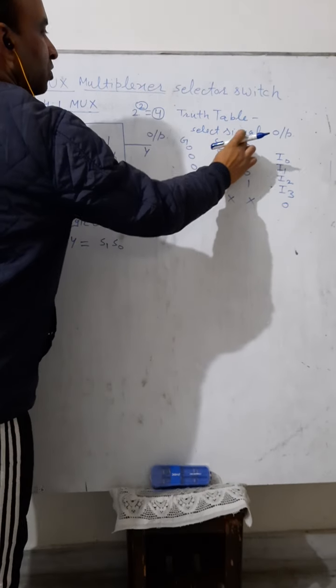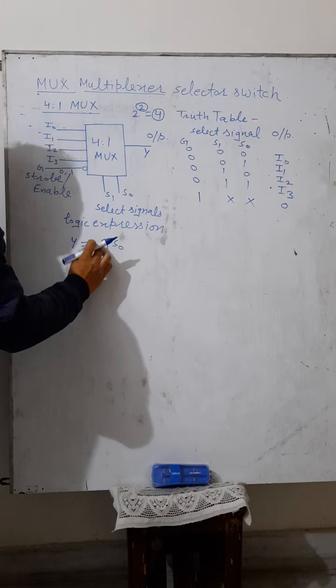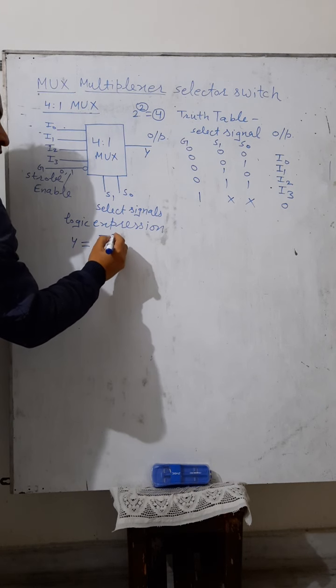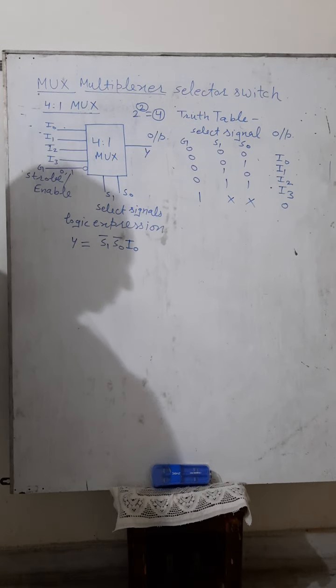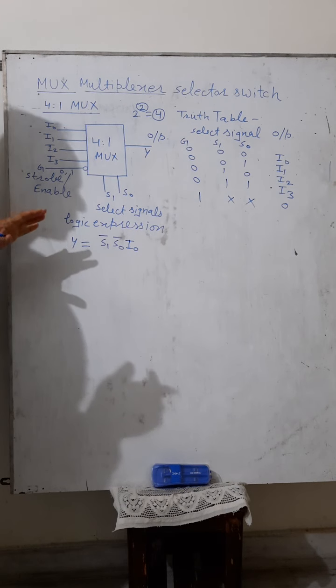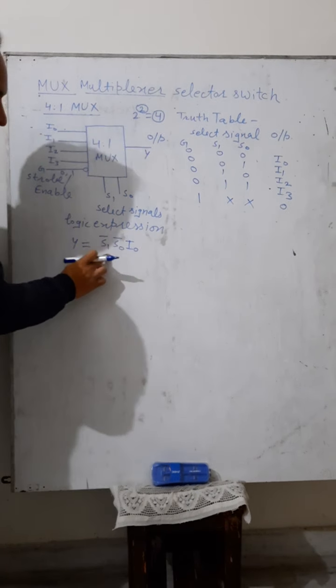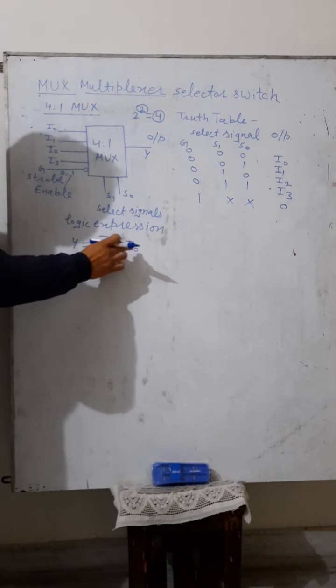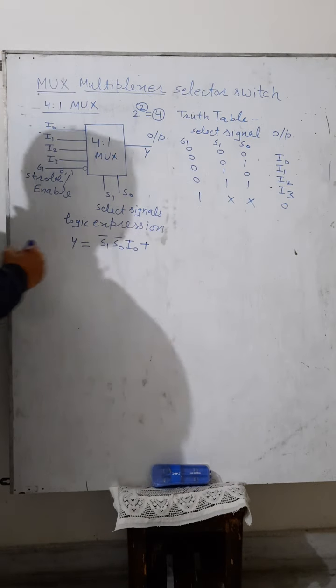So S1 value 0, S0 value 0, so we write S1 bar, S0 bar, I0. Actually we are writing the sum of product form. This is the first product term, and we are doing the sum.